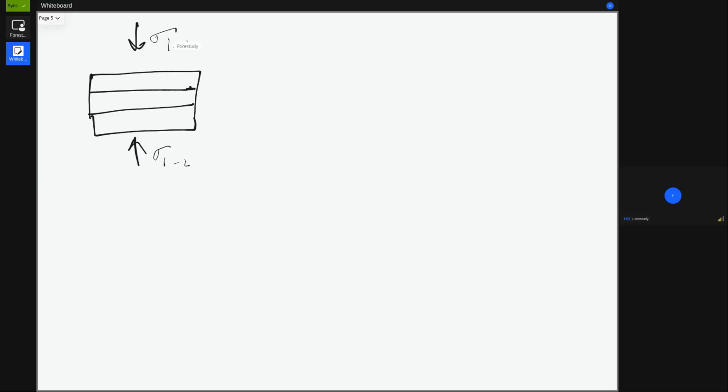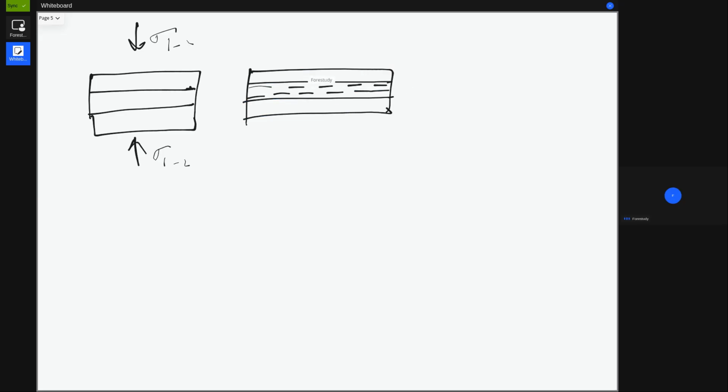It will form an alignment, and the alignment of the bedding will be the same as that of the schistosity.